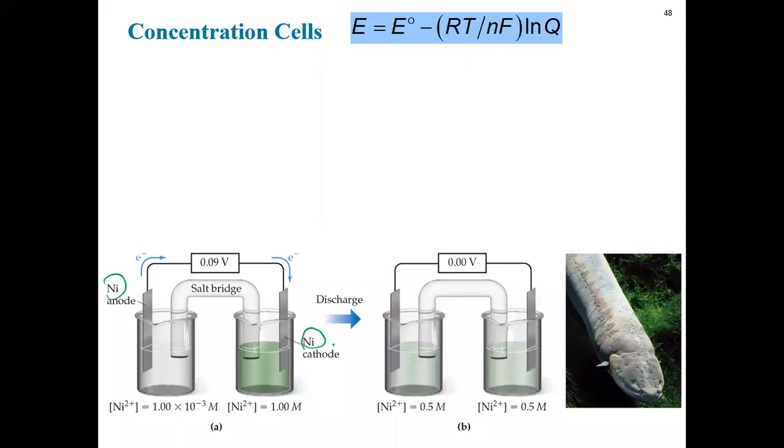So when you calculate this E cell at standard condition, that becomes 0, because on the anode you have the nickel oxidized, and on the cathode you have nickel 2 plus ion reduced. So the same reduction potential also becomes 0, but the difference is you're setting them up with different concentrations. You can see the concentration for the cathode is much higher, and for the anode much lower.